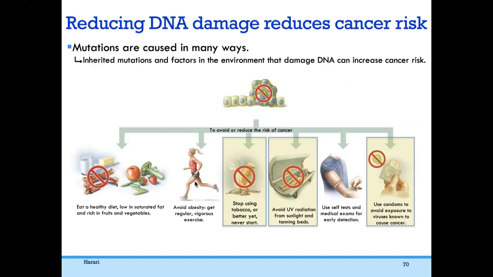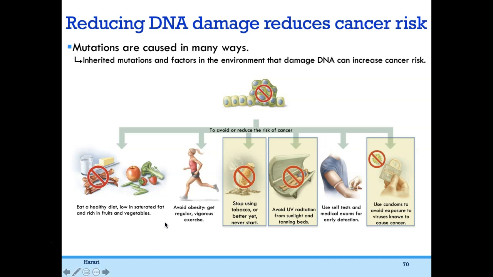So reducing DNA damage reduces cancer risk, right? So mutations are caused in many ways. We said it can be inherited, so that's one thing you can't really control. But there's a lot of factors in the environment that damage DNA and that increase cancer risk. So we have a lot of control over at least reducing the risk of developing cancer in our lifetime, right?